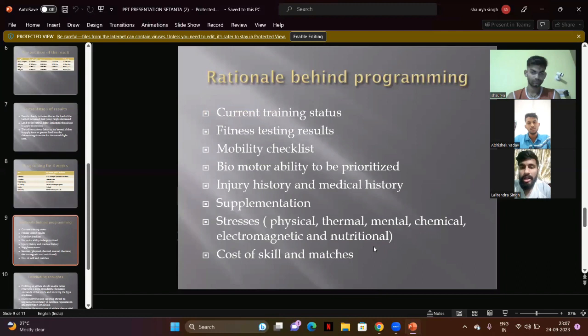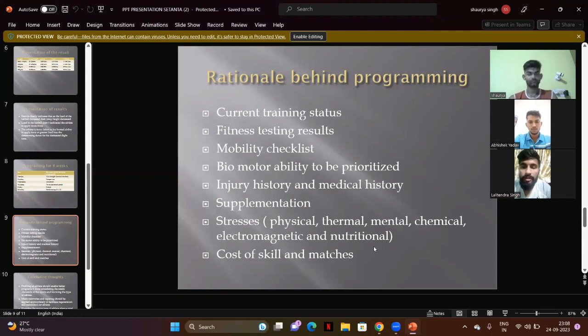Then the thermal, the mental stresses, the chemical, and electromagnetic, which means the screen time and the time which we spend on the mobile. The last one is the nutritional, which means whether his nutritional intake is fulfilling or complementing the program which he has. If he isn't able to fulfill those things, he will have to pay the price. So that will be considered in the program.